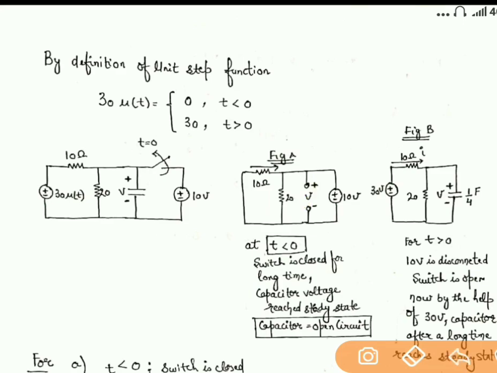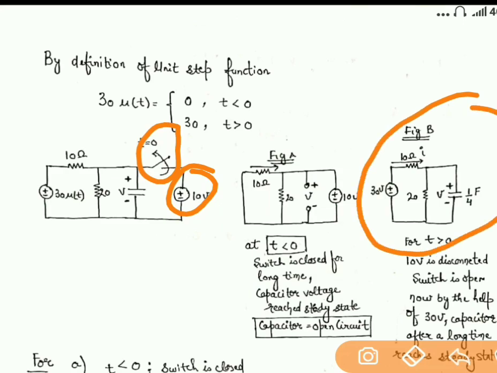Likewise, when the switch is opened, this particular section will be disconnected. The 10 volt is disconnected, so in figure B you can see that the 10 volt battery is not there. The capacitor will start charging with the help of 30 volts.